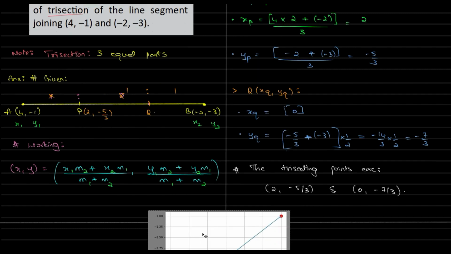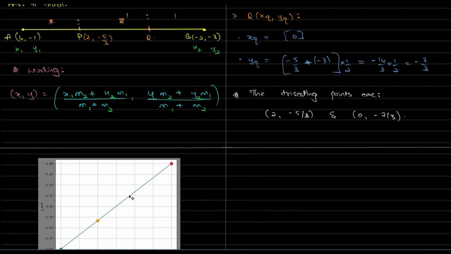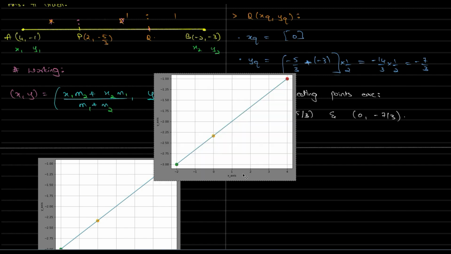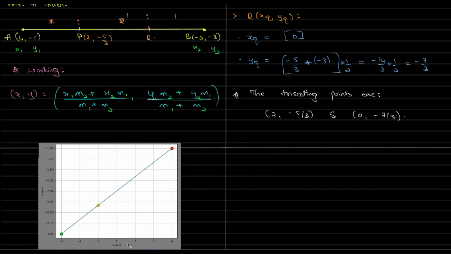So point P is 2, -5/3, that is -1.111 something. Let's see that. Right, go down. It is 2, x is 2. It will be easy to find.